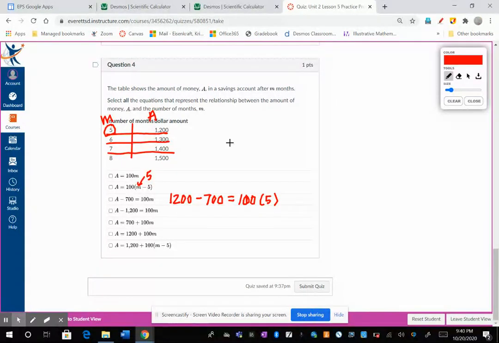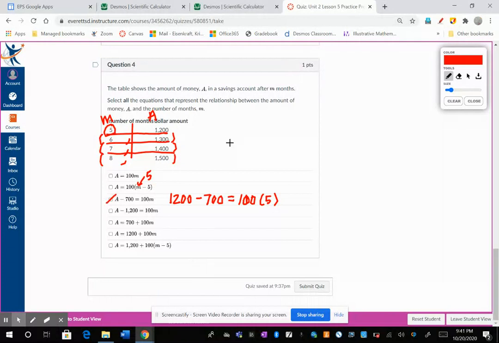We should probably check and make sure it works for some others. 1300 minus 700 is 600. 100 times 6 is 600. So I'm plugging in these pairs of numbers. I like to do this to remind me that they're just like ordered pairs. Okay, so this one looks good.